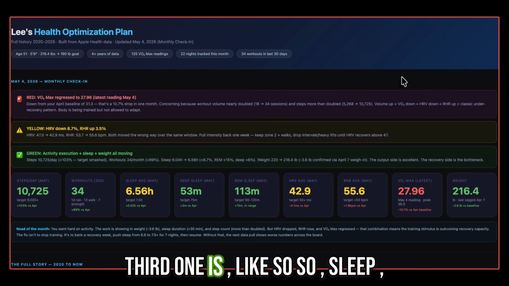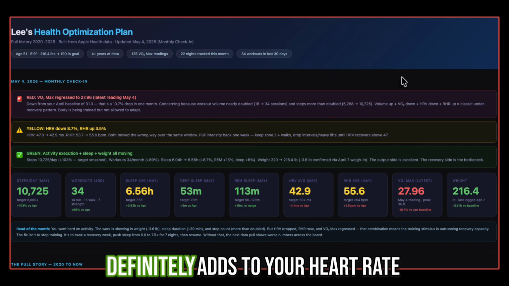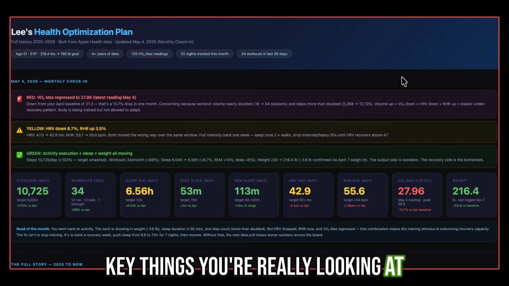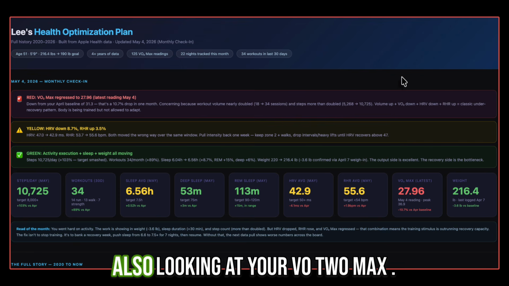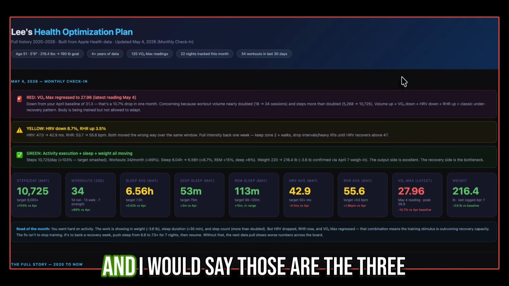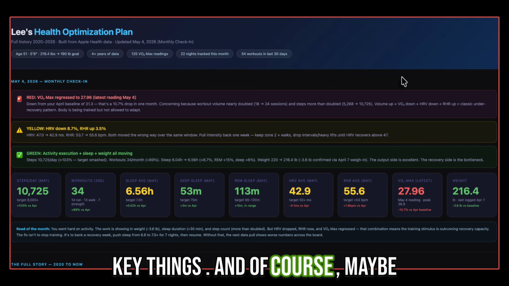The third one is sleep. Sleep definitely adds to your heart rate variation, but the key things you're really looking at are your heart rate variation, your VO2 max, and your weight. I would say those are the 3 key things. And of course, maybe your blood pressure.